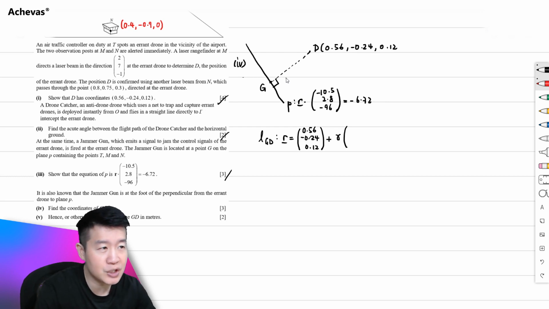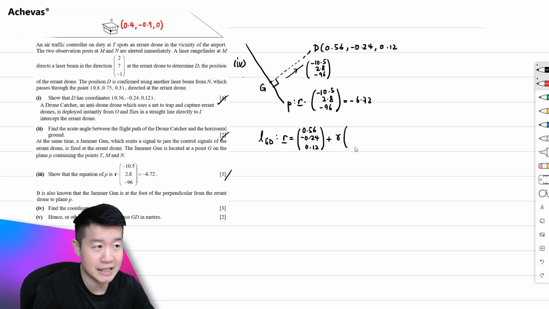The direction of GD is going to be (-10.5, 2.8, -96), correct? Because this is the normal vector, so the normal vector should be parallel to GD.